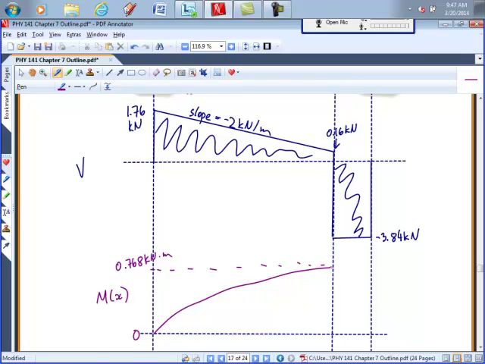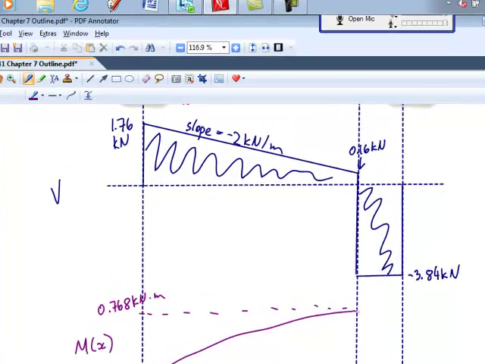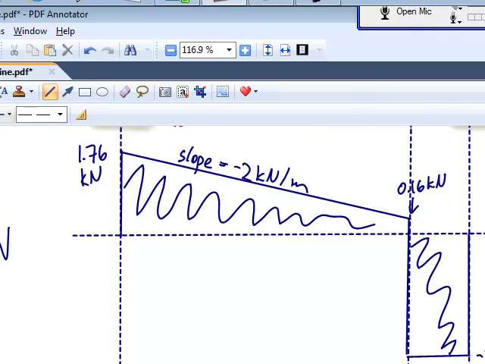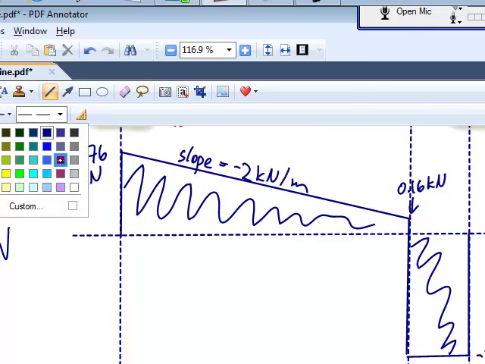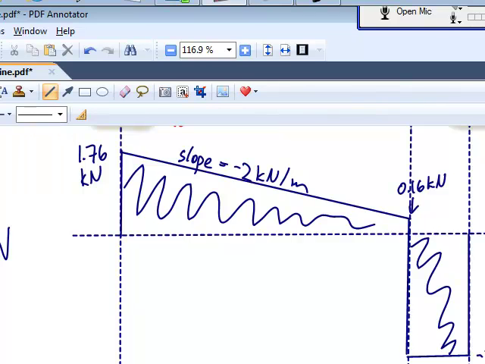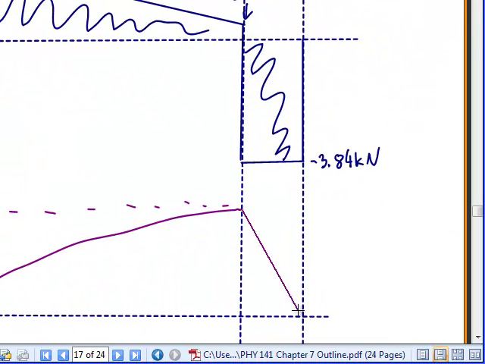It's continuous, but its derivative isn't continuous, which means the slope just makes a jump to a straight line with slope equals negative 3.84 kilonewtons.